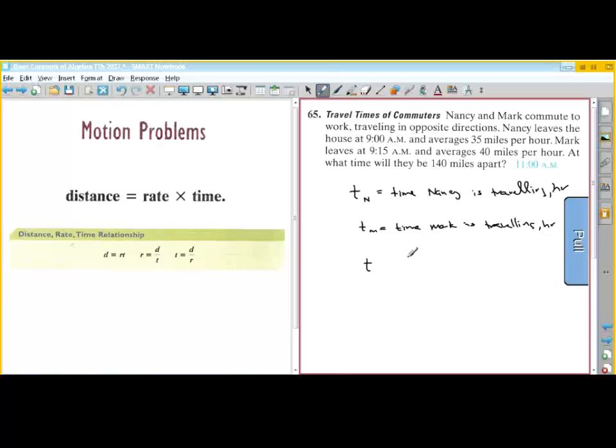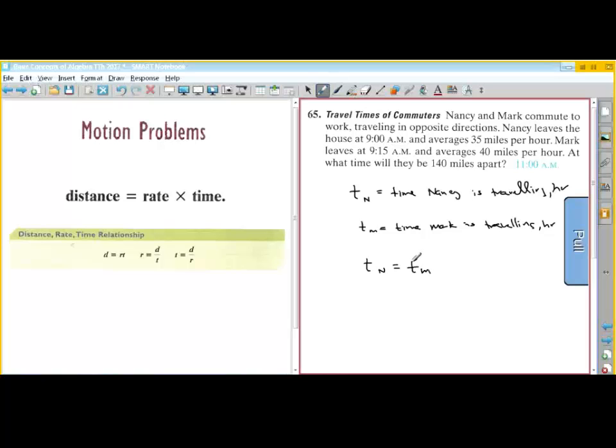Well, the speed might affect how far she travels, but just talking about time, she's going to be traveling longer because she leaves 15 minutes early. Yeah, exactly.